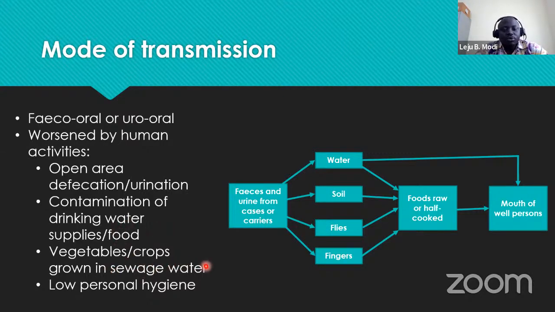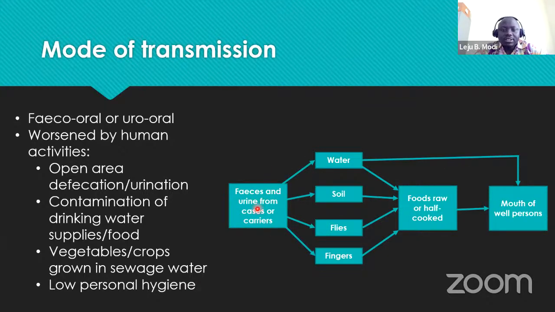And then vegetables, crops that are grown maybe in sewage water or in areas where sewage water drains into. These crops or vegetables may actually also be dirty enough to carry the Salmonella typhi bacterium. Then of course the low personal hygiene is very helpful. So this is just to describe that.